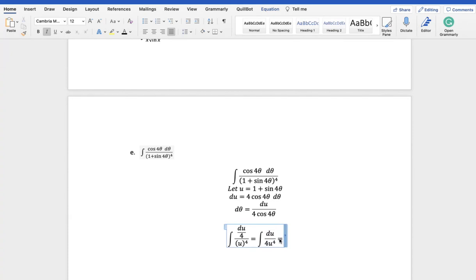And obviously, since 1/4 is a constant, you can take it out of the integral. And you have this that is left. And this is an easy integral that you guys can solve.